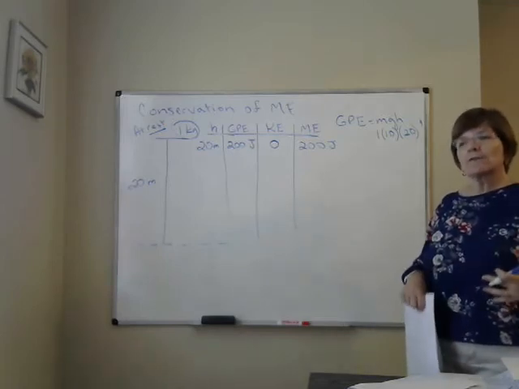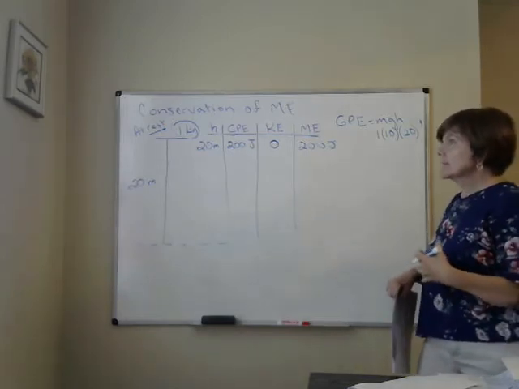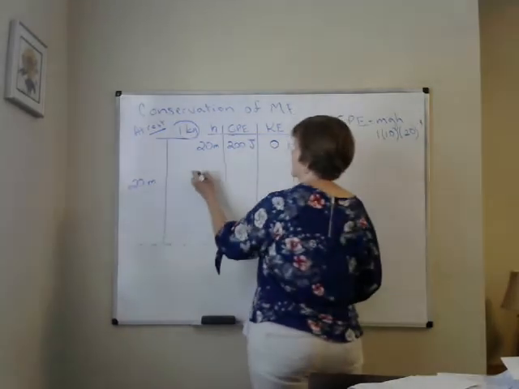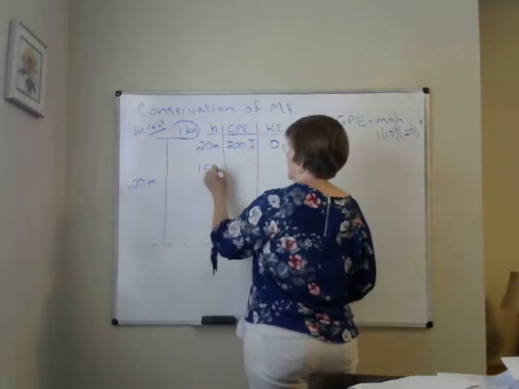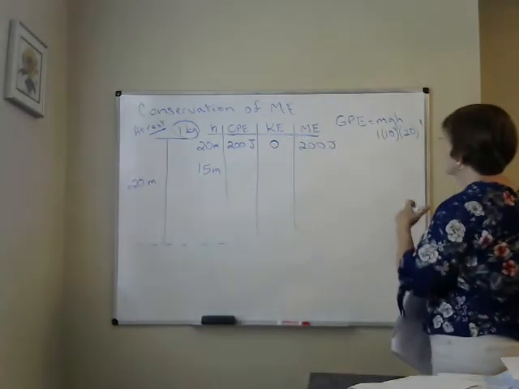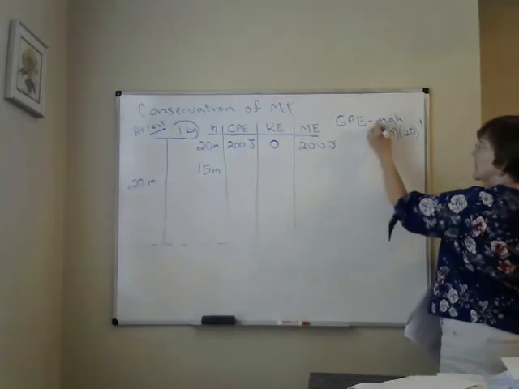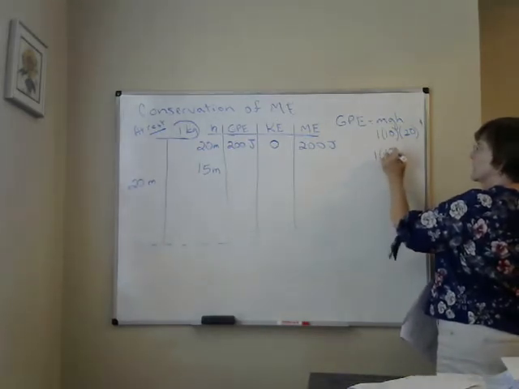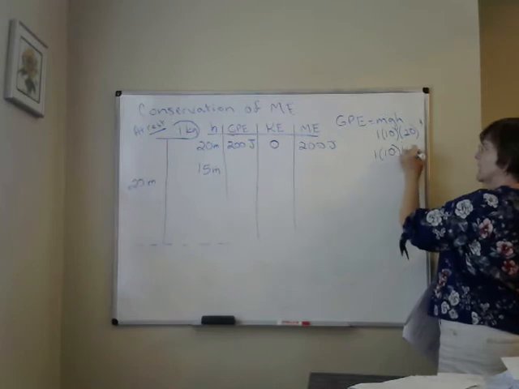Suppose it falls 5 meters, and so now it's 15 meters high. At 15 meters, I do the same thing. The mass is 1, g is 10.